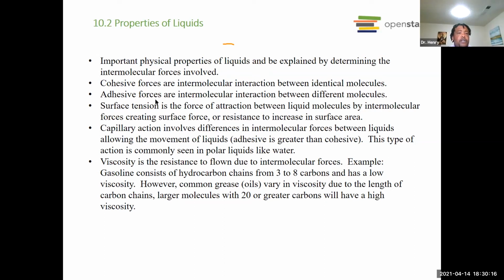They're also going to be important for cohesive forces. Cohesive forces are basically molecular interactions between identical molecules, and adhesive forces are molecular interactions between different molecules. How many of you have ever had to stick your hand and they use a capillary to get the blood to test your blood sugar?